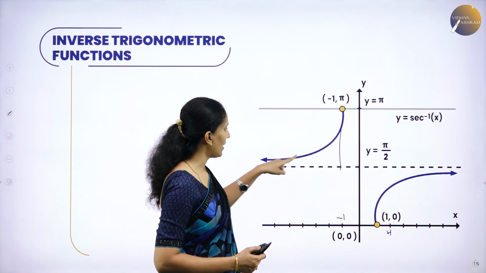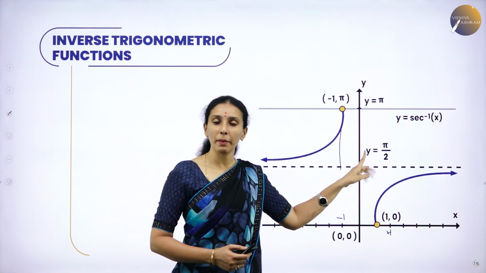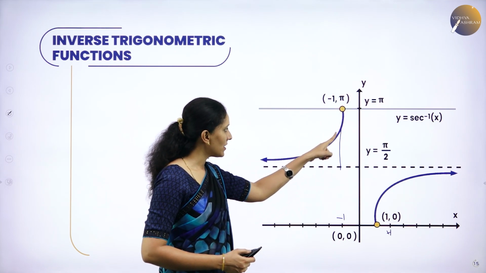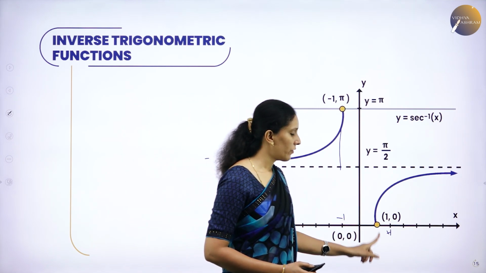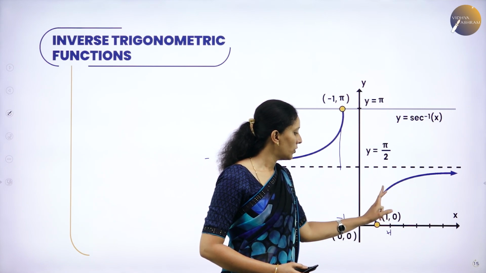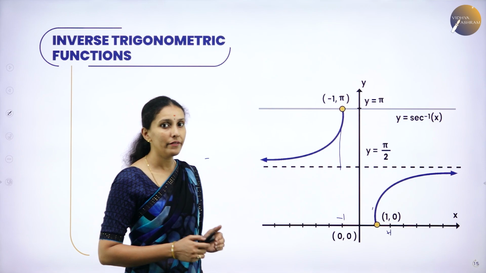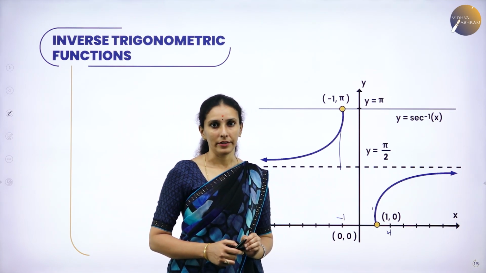It can take values less than -1 towards infinity, because secant pi by 2 is infinity. So the graph lies down here and moves towards the point 1. After point 1, the graph moves towards plus infinity. So this is how the inverse secant function looks.